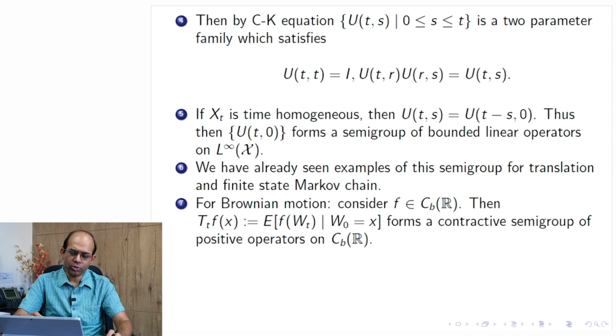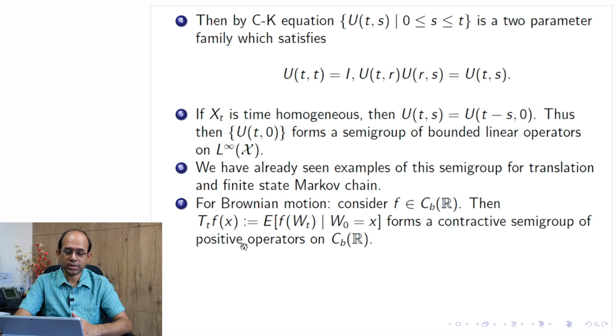So for Brownian motion, consider f, instead of bounded measurable, here I'm taking a bounded continuous function on R. Then T_t f(x), as earlier, we write as the expectation of f(W_t) given W_0 equal to x.